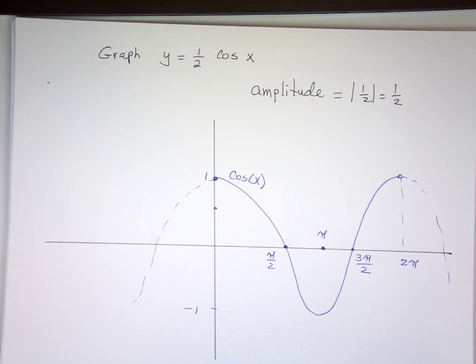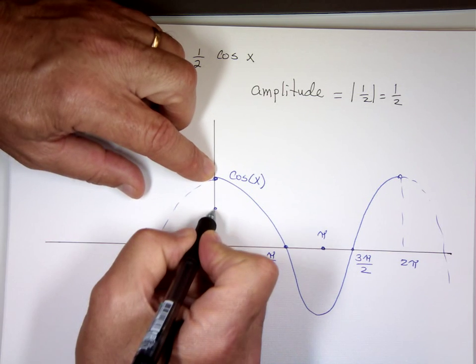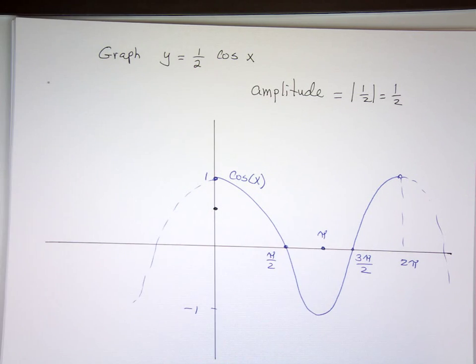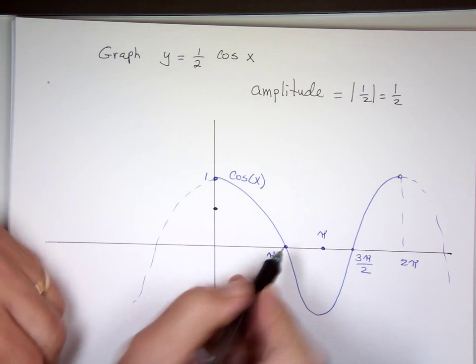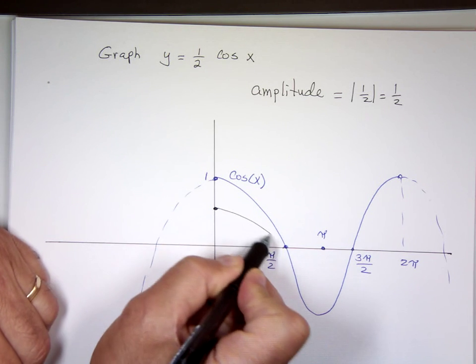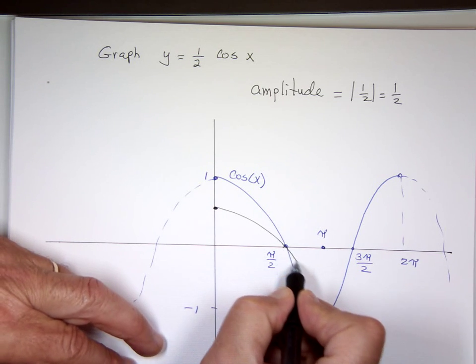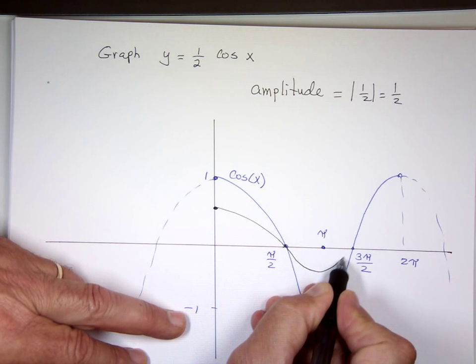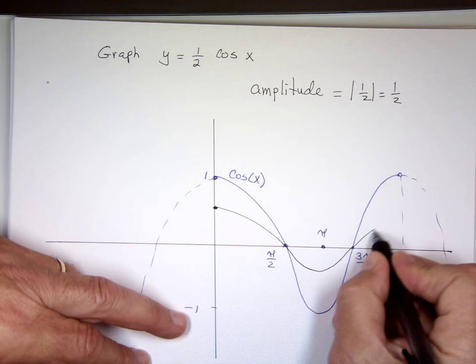When it used to be 1 it becomes what? 1/2. Right there. When it's 0, what's 1/2 of 0? Still 0. When it's negative 1 here, what's 1/2 of negative 1? Negative 1/2. Half of 0 is still 0. Half of 1 is back to half.